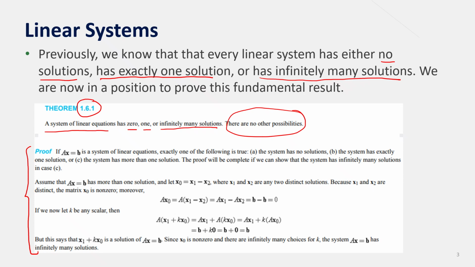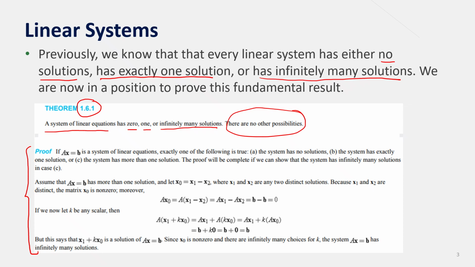And to determine the number of solutions, you can use two approaches to find the solution of linear equations. First, you can do it graphically, which involves plotting the equations and observing their points of intersection.